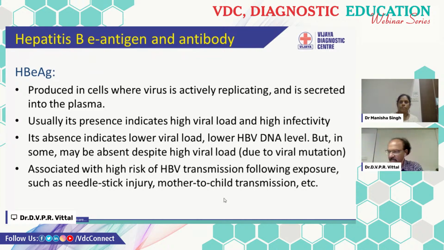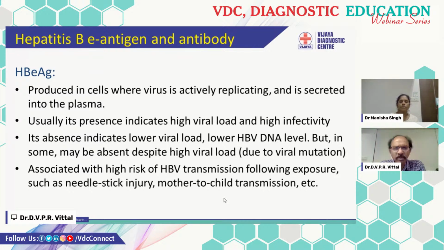These mutations may be either escape mutations or pre-core mutations. In case of pre-core mutations, this particular antibody may not be detectable in blood, but anti-HBc and anti-HBc IgM may be detected.